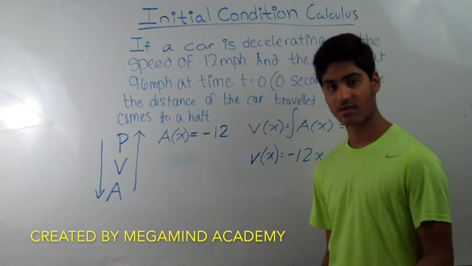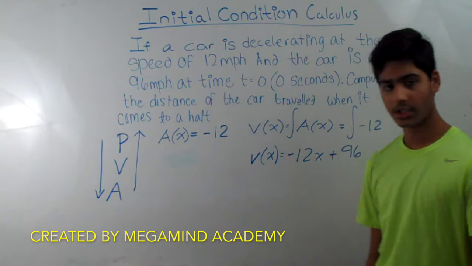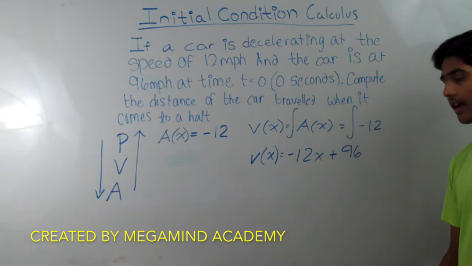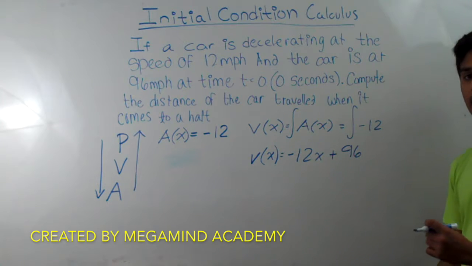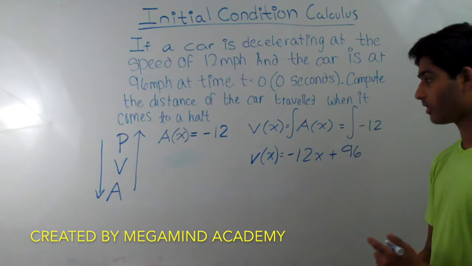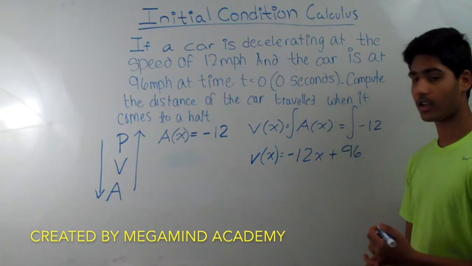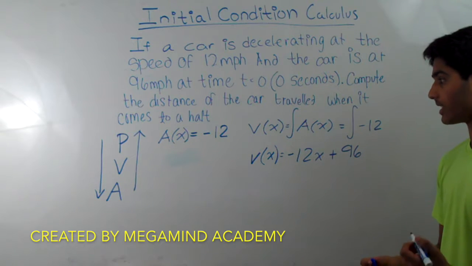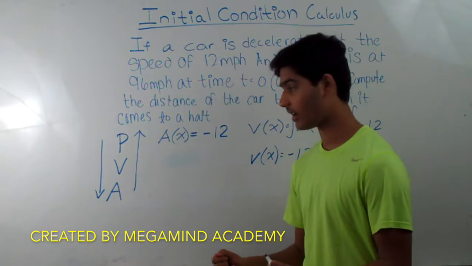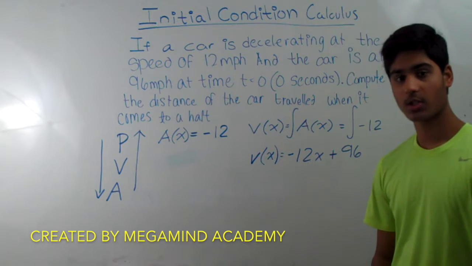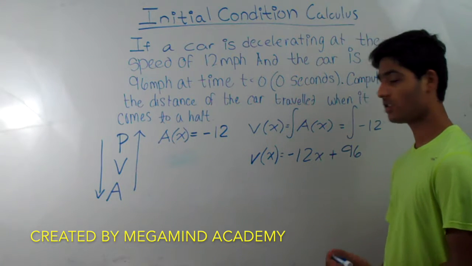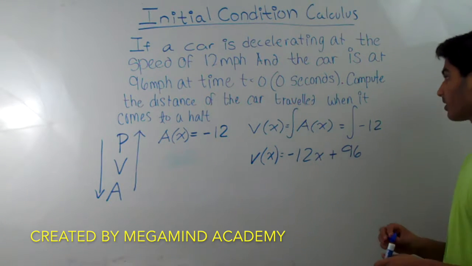To find the distance that it travels, we have to use the position function, because that tells us on the graph how far the car has traveled. And because we start at (0, 0), that also tells us the distance that the car has traveled.